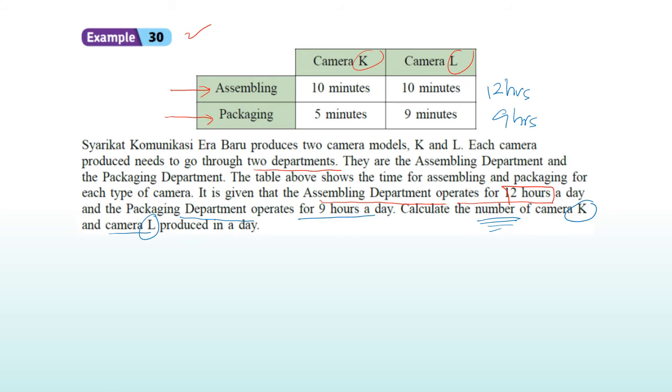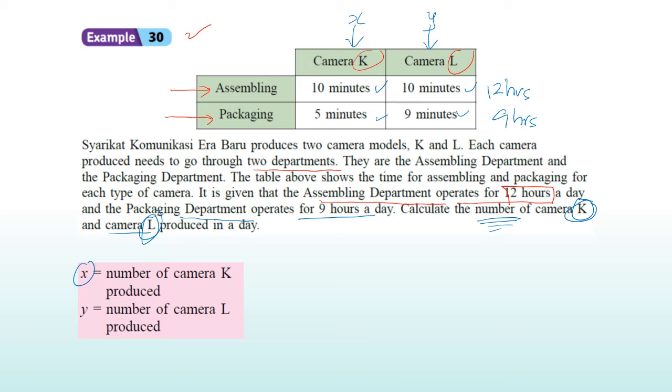So if you work for 12 hours, you need for one camera 10 minutes. This one is the time, so how many will be produced? So first, you know the variables you want to find are K and L. So we change these to the more familiar variables X and Y. Okay, so X is for K, Y is for L. Now we try to figure it out in a table for better understanding.